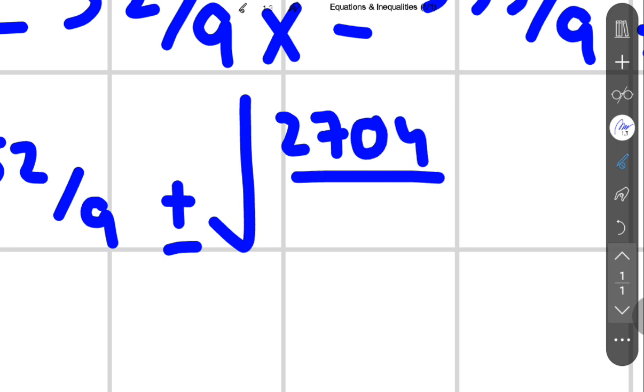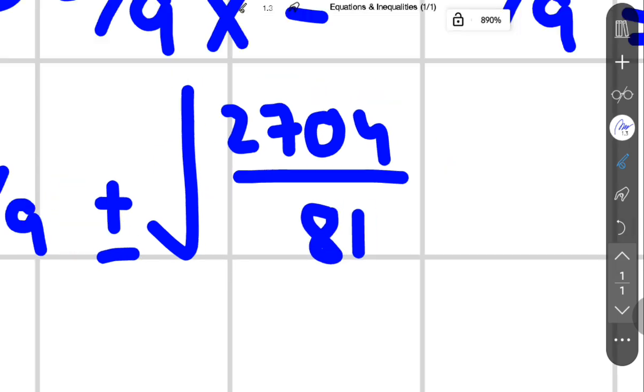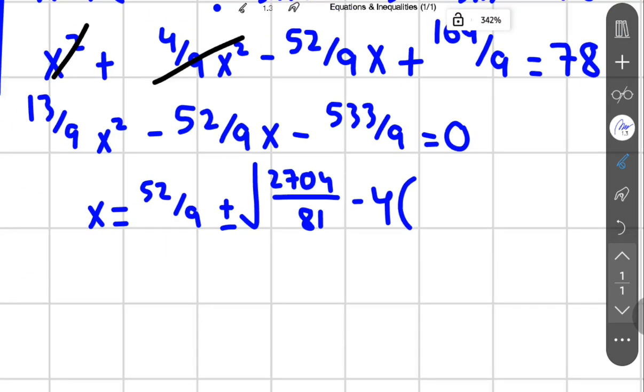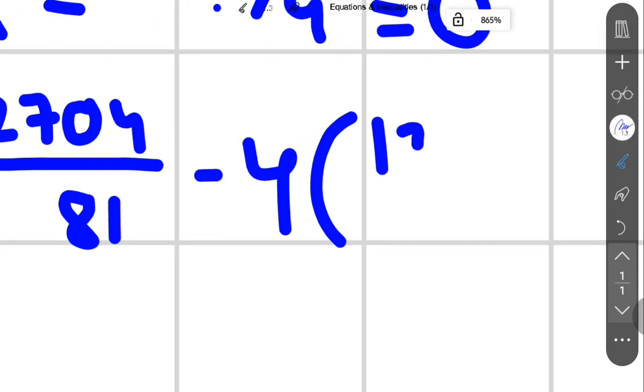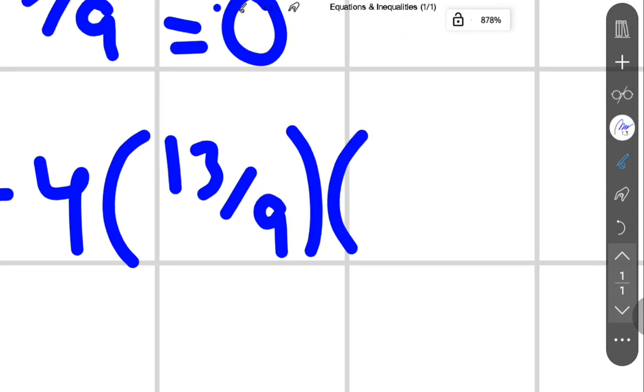So 2784 over 704 over 81 minus 4, and we have one a and c. B squared and 46. We have 13 over 9 and negative 533 over 9.